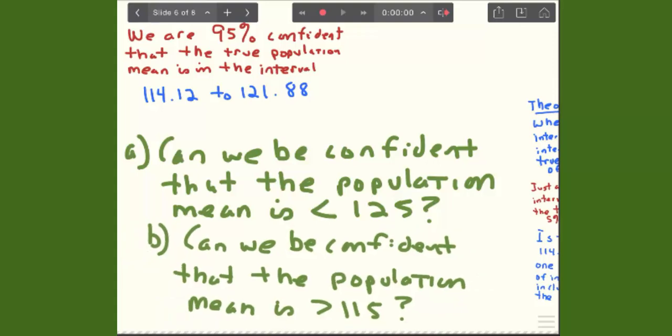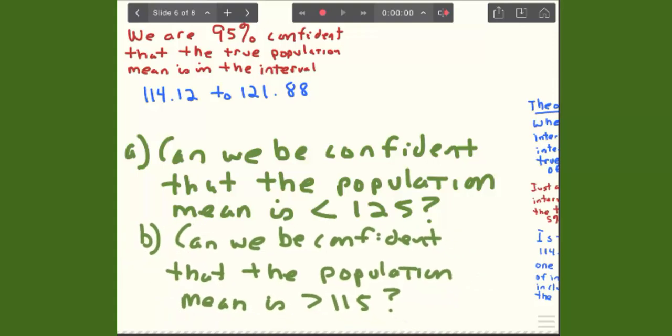Can we be confident that the population mean is greater than 115? And the answer is no, because the interval includes 115. Not all the values in the interval are greater than 115. It goes down to 114.12. So it probably would have been better if I'd put, can we be 95% confident that the population mean is greater than 115?